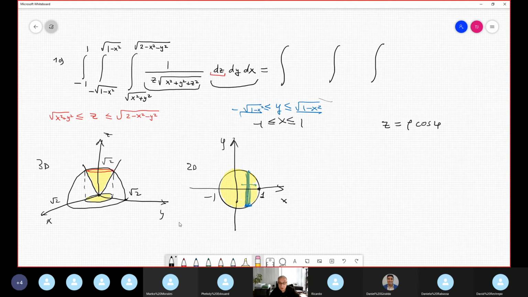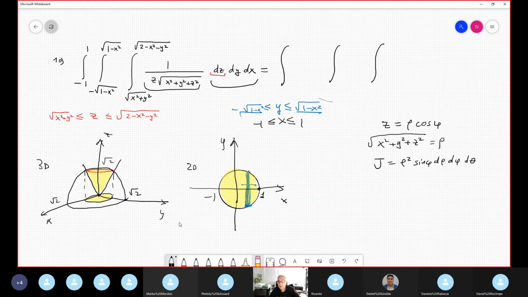Okay, and square root x squared plus y squared plus c squared is just rho. And the Jacobian is rho squared sine phi. Well, the rho, the phi, the theta.